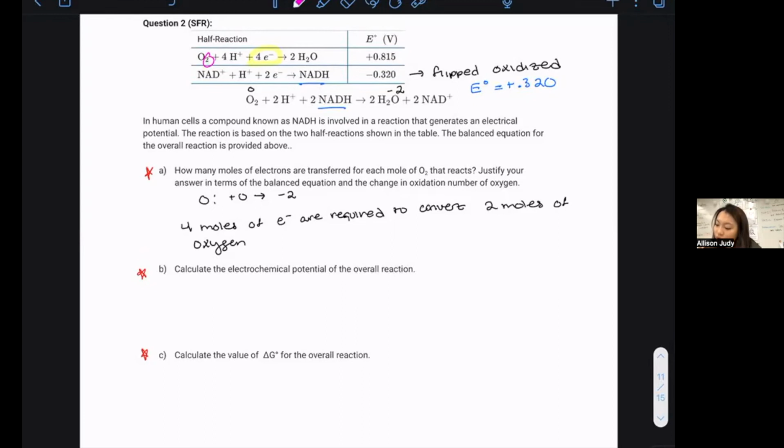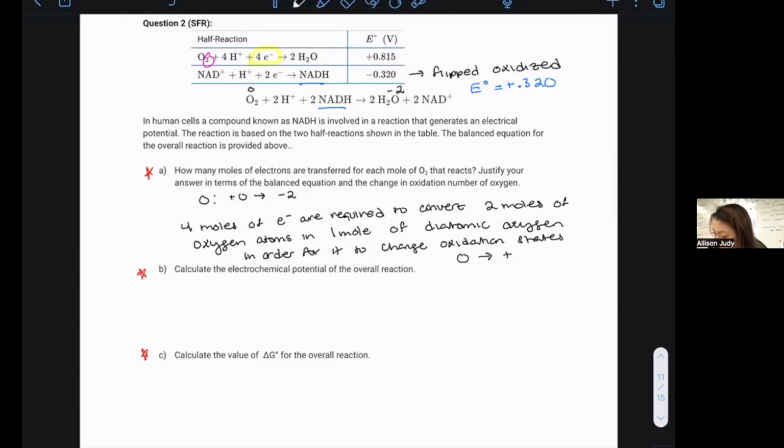So I need 4 moles of electrons to convert 2 moles of oxygen atoms in 1 mole of diatomic oxygen in order for it to change oxidation states from 0 to -2.